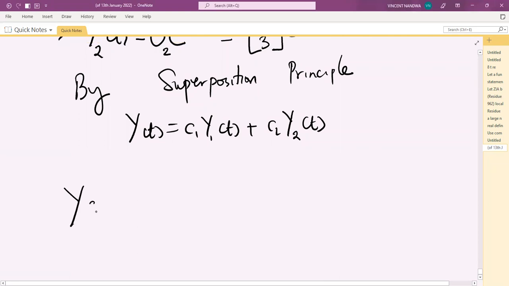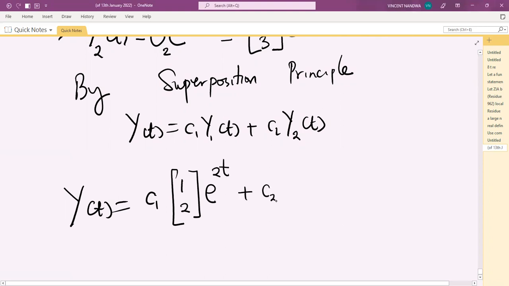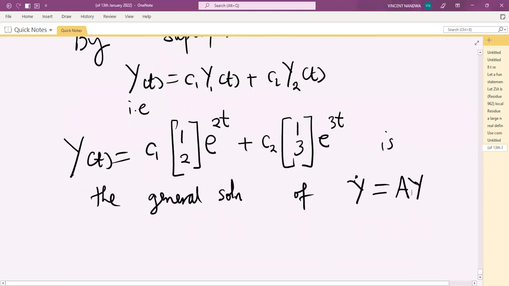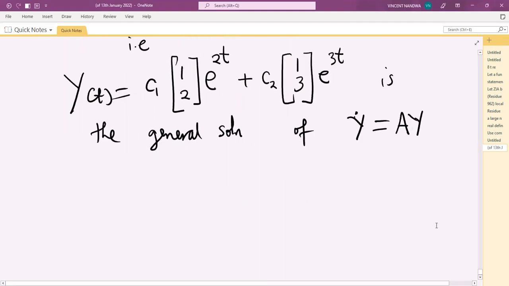So which will be given by y of t is c1 [1; 2] e raised power 2t plus c2 [1; 3] e raised power 3t. So this one is a general solution of y dot equals to A y, but that's not what we have been asked. So we need to use the initial conditions to find the values of C1 and C2.